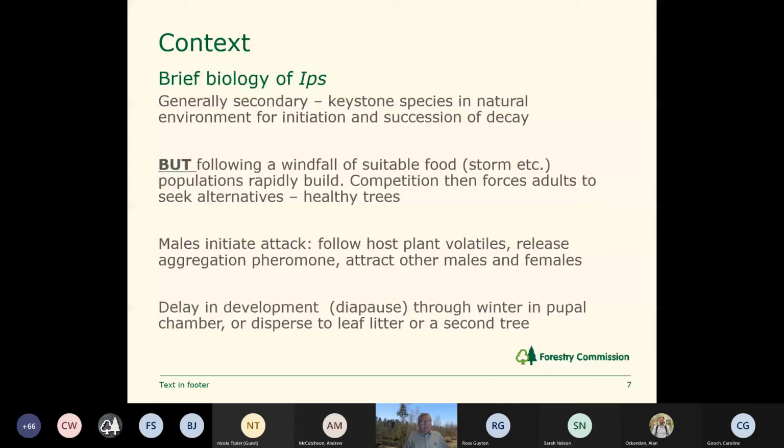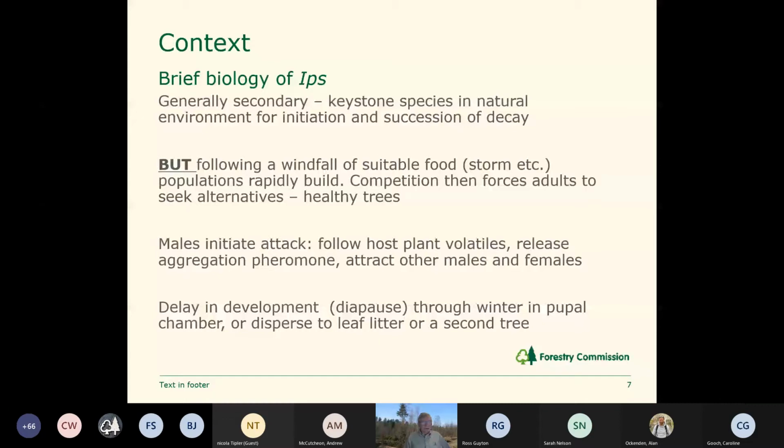There is a delay in the development through the winter, when the insect will go into a diapause. Whatever stage of development it's in, it goes into a stasis, either within the tree under the bark layer in the pupal chamber, or particularly into the leaf litter, or even into a second tree.